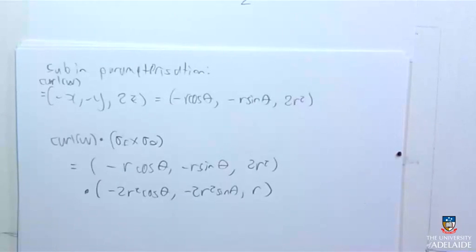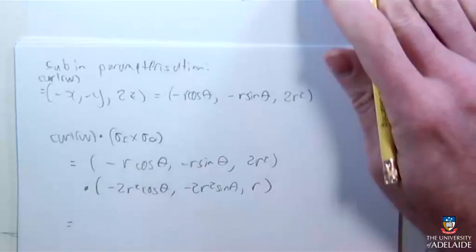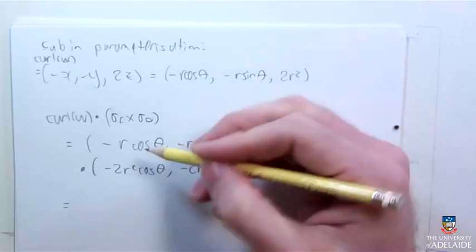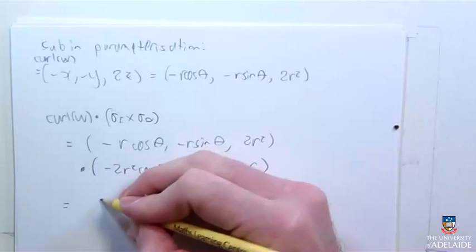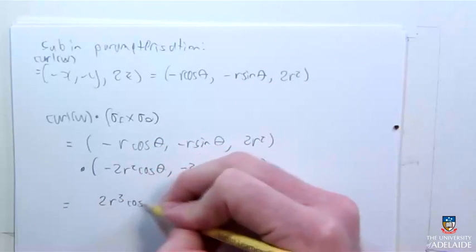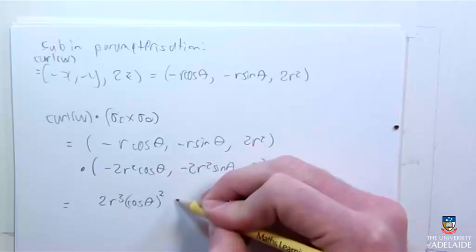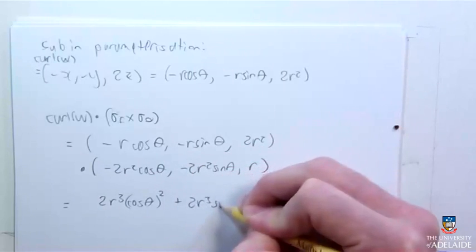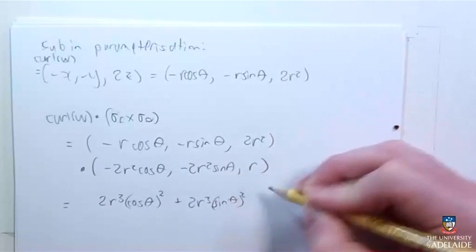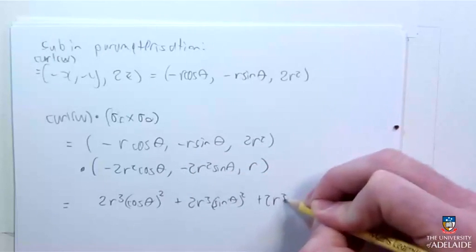Right, going to have to dot them together. It helps to write them on top of each other because then everything lines up. So I get 2r cubed cos theta squared and 2r cubed sine theta squared and 2r cubed. Nice.